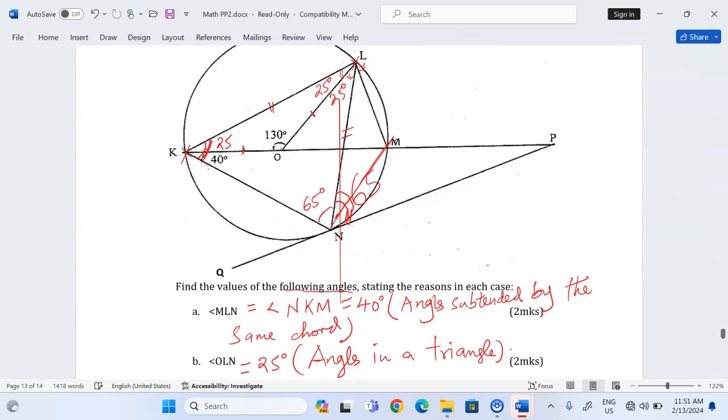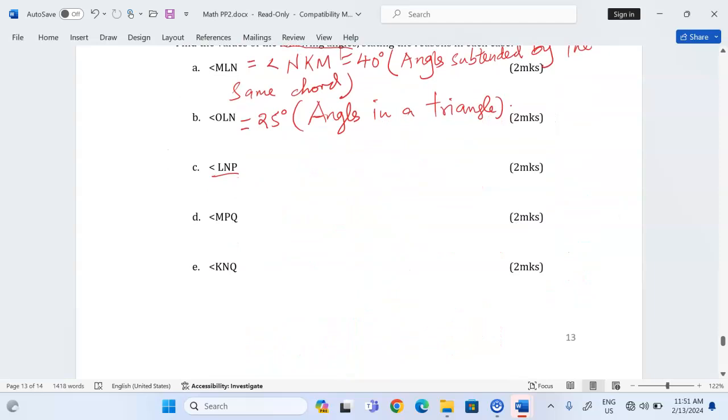So we're going to have 65 degrees at that point, because we have a chord LN which produces an angle of 65 at K. And the chord NL is making an angle with the tangent QP. We usually say that if a chord makes an angle with a tangent, the chord subtends an equal angle at the circumference in the alternate segment. Therefore, the angle is going to be 65 degrees.